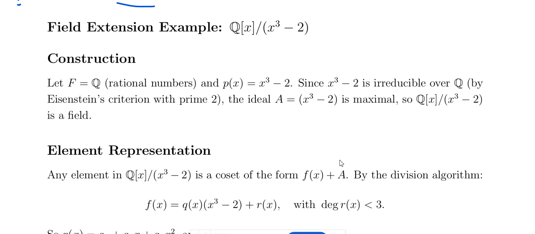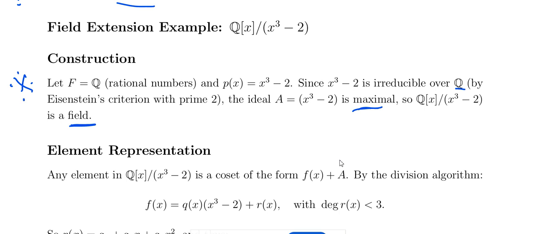Since x cube minus 2 is irreducible over Q, the rational numbers, it cannot be factorized within the rationals. So the ideal A generated by x cube minus 2 is maximal. Am I correct? It is maximal because it is irreducible over Q. So Q of x divided by x cube minus 2 is a field. Try to understand this concept.